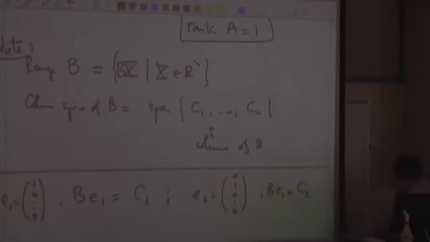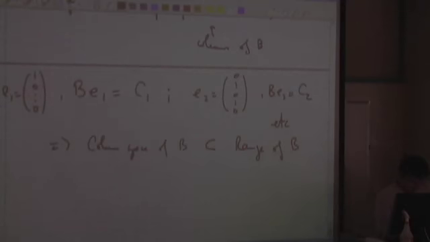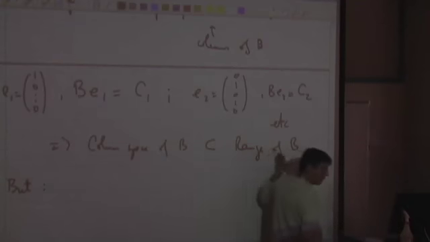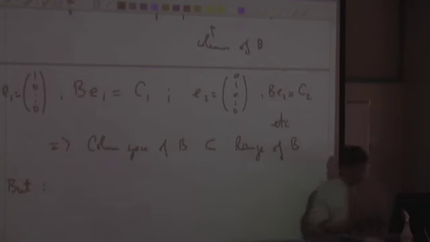So again, this implies that the column space of B is included in the range of B, but the opposite is also true. So in the end, these are the same thing. So how can you argue that something in the range of B is a linear combination of the columns of B? Well, let's just take y in the range of B. What does that mean?